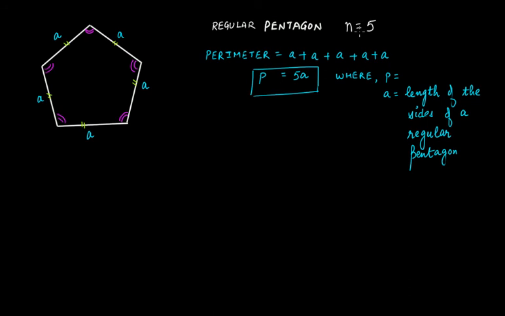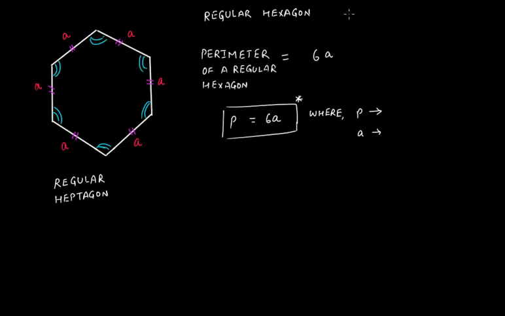If someone asks you how you will describe a regular pentagon, you will say that a regular pentagon has n sides and n is equal to 5, and all the angles are equal and all the sides are equal. Similarly, for a regular hexagon, the number of sides n will be 6.